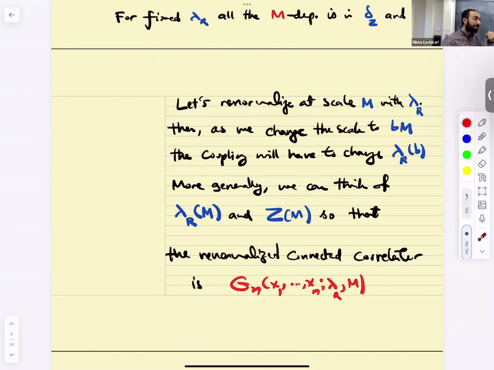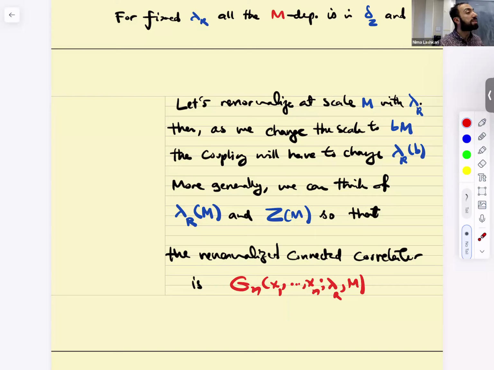Now, let's renormalize the theory at some scale m with some coupling lambda of r. So we fix lambda of r, we fix m. We're not going to touch them. Then we change the scale to bm, using our normalization, and we see that your coupling changes.